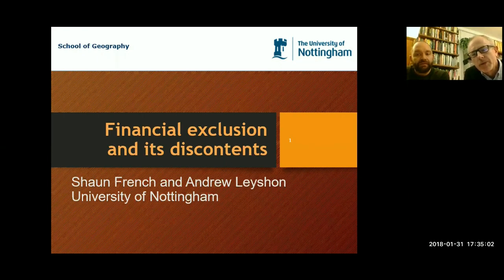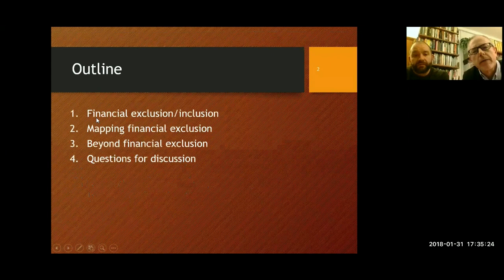So what we thought we would do is divide this into two bits, really. If I start off and talk about the context for financial exclusion work, and the way in which that unfolded, and then Shaun will talk about some of the problems with the concept of financial exclusion. So we've divided this into four parts, really.